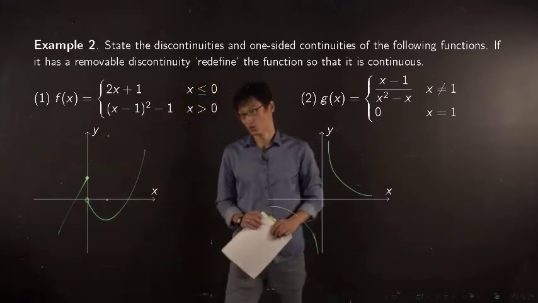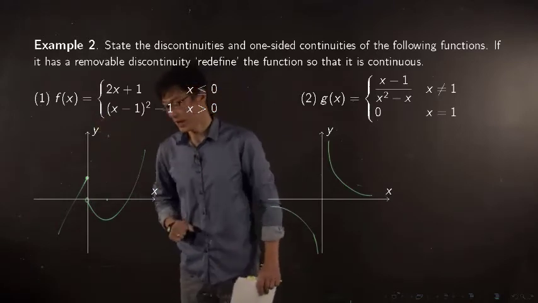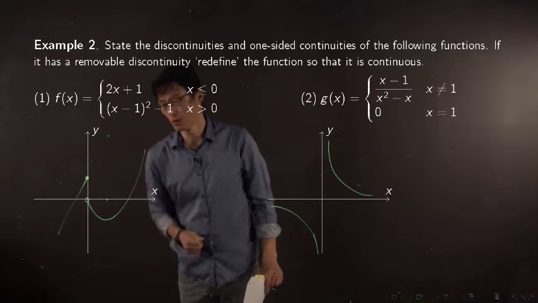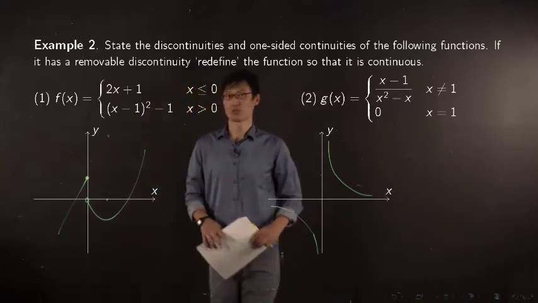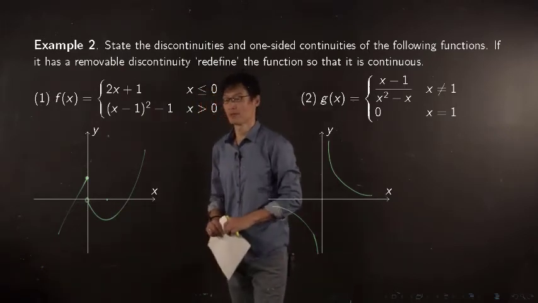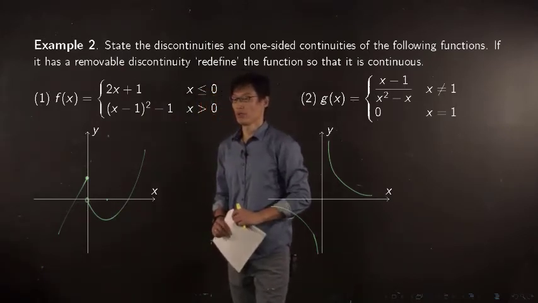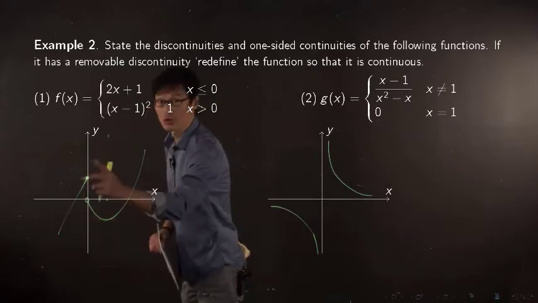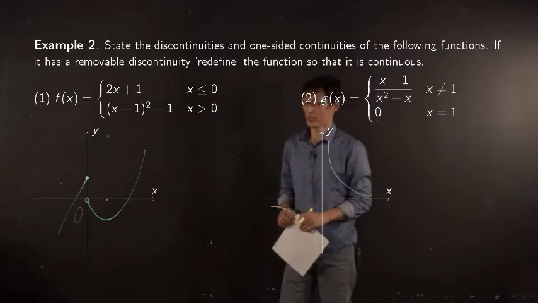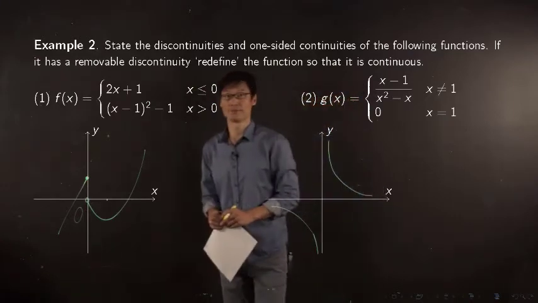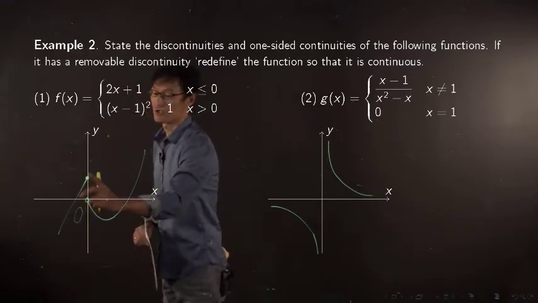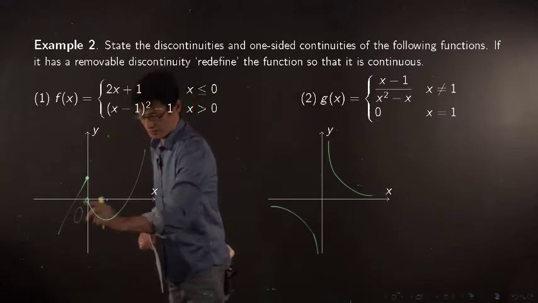You can draw the graph of f using this straight line and then a parabola like this. The expression gives you the vertex 1, negative 1. Our function is not continuous when x equals 0, and we want to tell what type of discontinuity. It looks like the function jumps when your x equals 0.